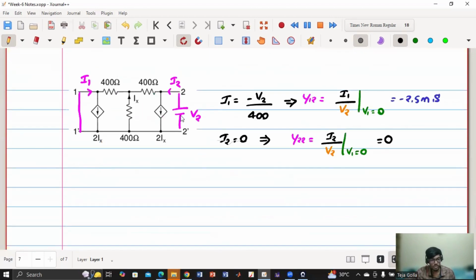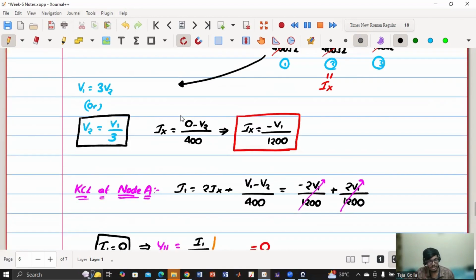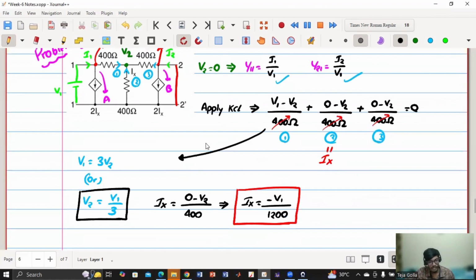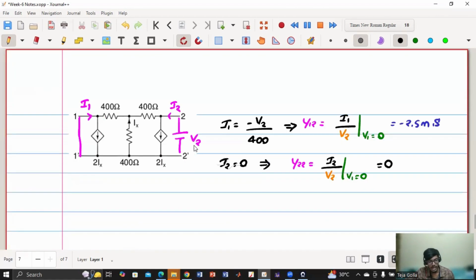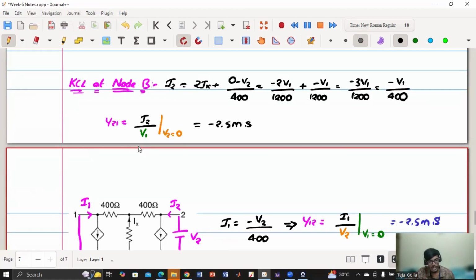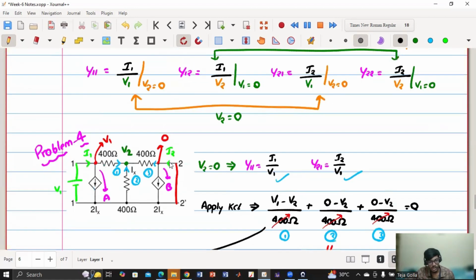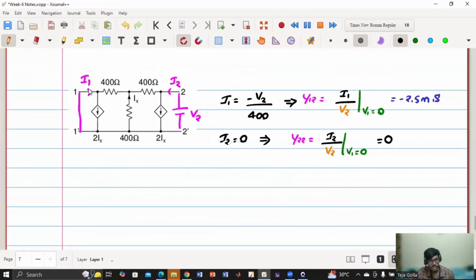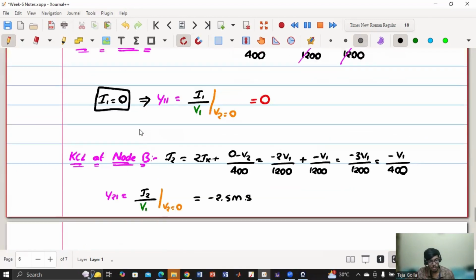Even if you solve the same equations, the current that the voltage source supplies, I1, is 0. Similarly, the current voltage V2 is supplying will be 0. The current in this short circuit I2 is minus V1 by 400, so the current in this short circuit will be minus V2 by 400. So basically both circuits are the same.